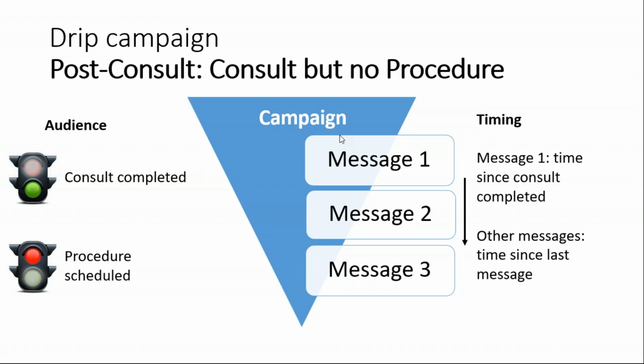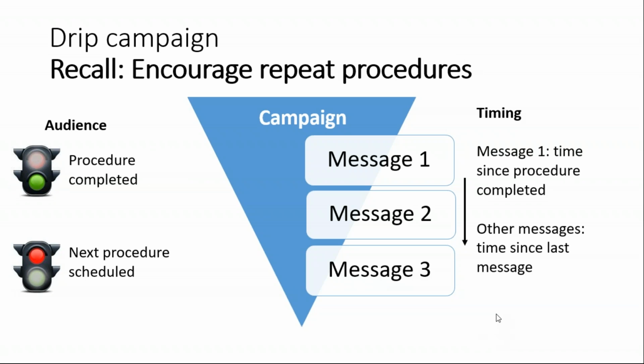The timing is whatever time you want to start since the consult was completed. And then you sequence the rest of the messages just as we did for the procedure campaign. The recall campaign starts sending messages after a procedure is completed and stops sending them when the same procedure is scheduled again. So this is great for repeat visits for things like fillers and injectables.